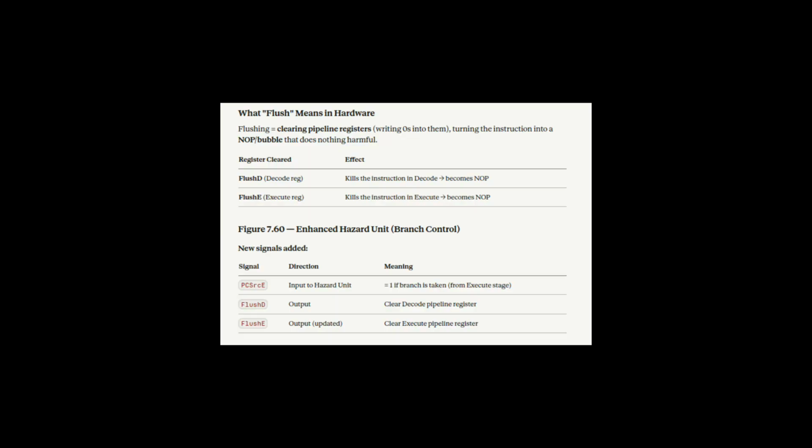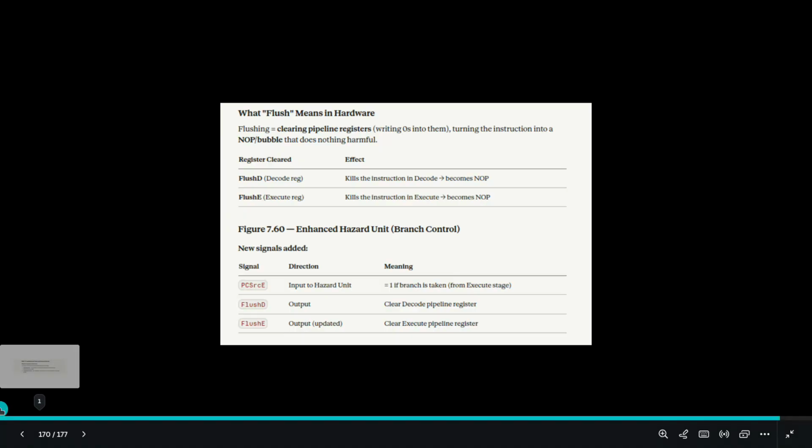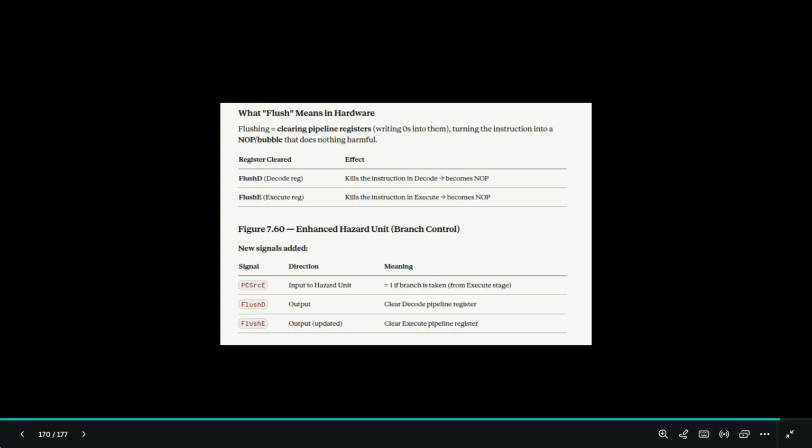If its value is 1, the branch is taken, and then we have to flush D and flush E. So the input to the hazard unit is PCSrc, and we get two outputs, flushing D and flushing E. Flushing the decoding stage and the executing stage are the important things that happen here.